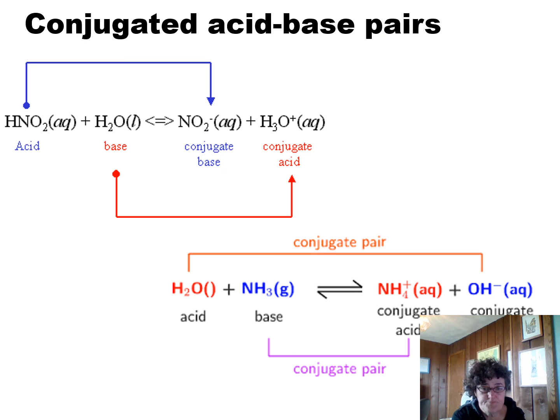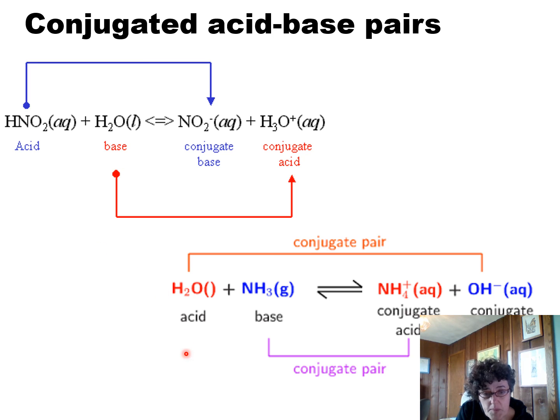So let's identify some conjugate acid-base pairs. You need to look for molecules that differ only by one hydrogen, right? So you see that in the first example on the top, water is a base because it's accepting the proton from the HNO2.